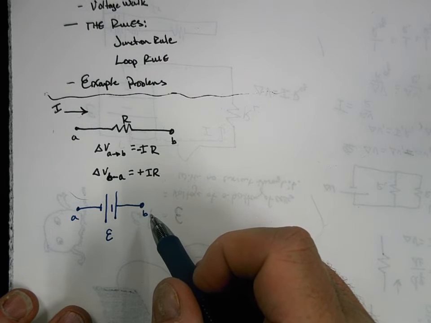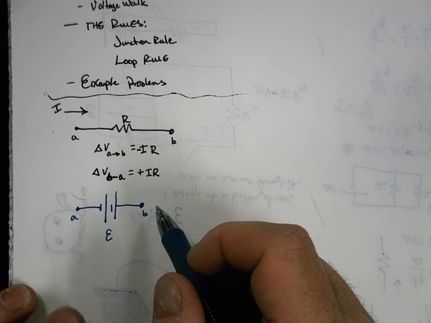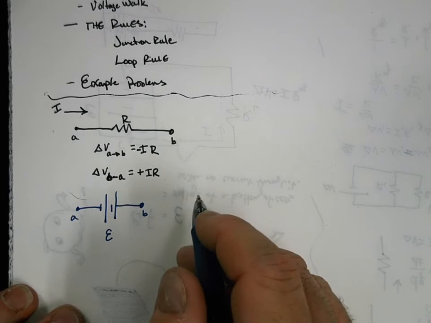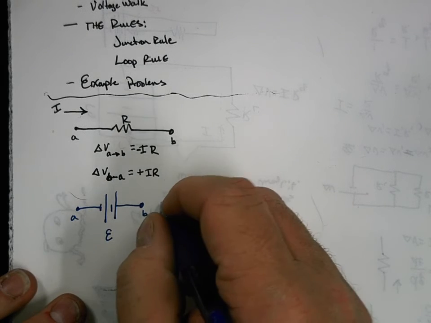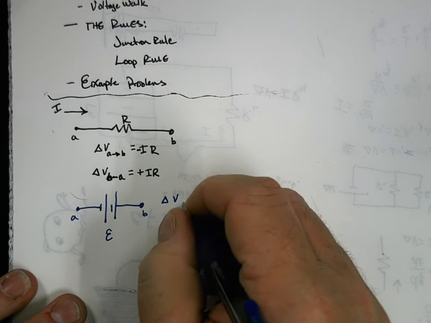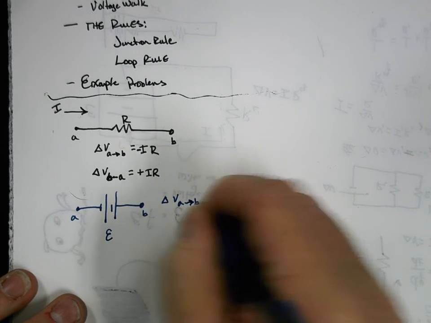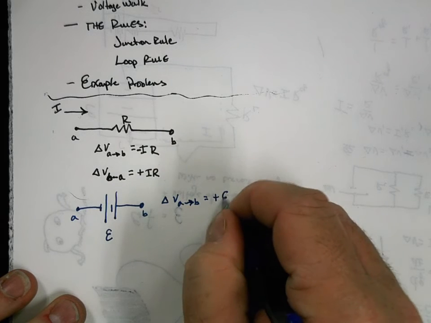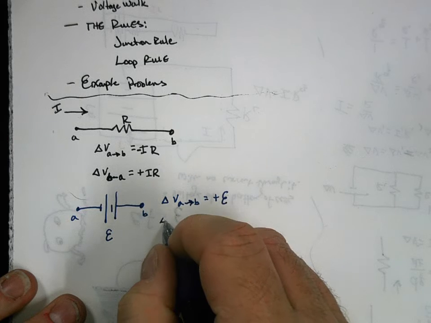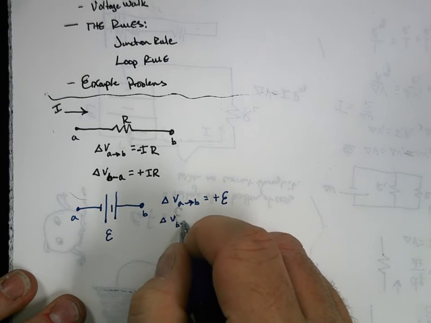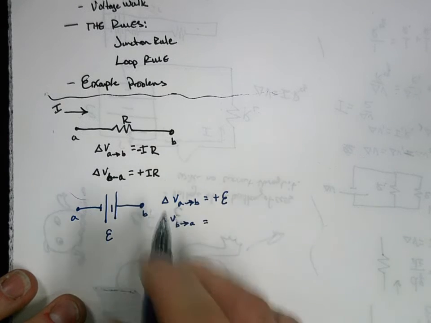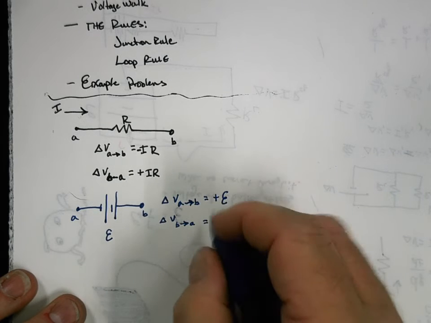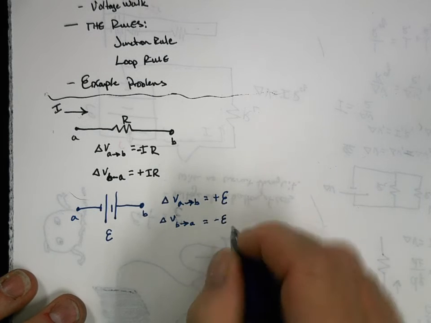Because there's no current traveling through it. It is just the standing potential of the battery. Our change in voltage as we go from A to B is going to be a positive E, and as we go from B to A, it's going to be a negative E.